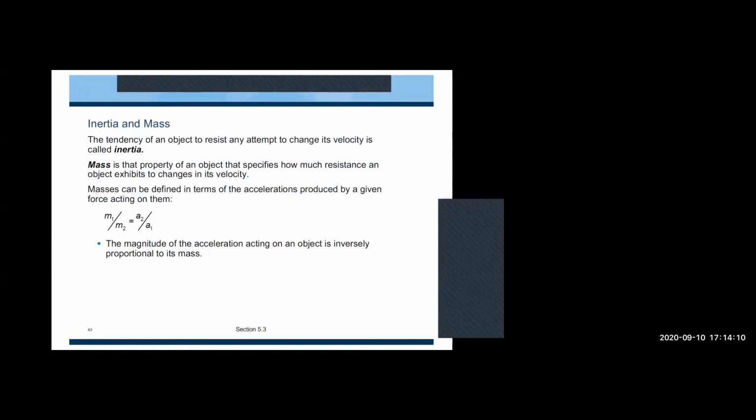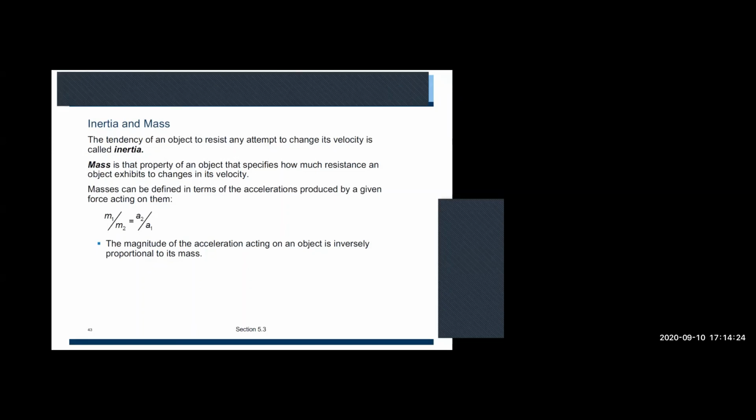If the object has a larger mass, it is more reluctant to accelerate. So this is a measurement of the property called inertia. Every object has an inertia, and the mass is the measurement of the inertia.